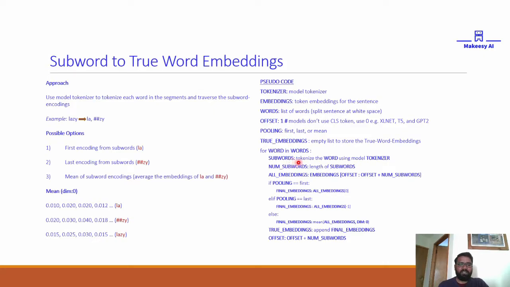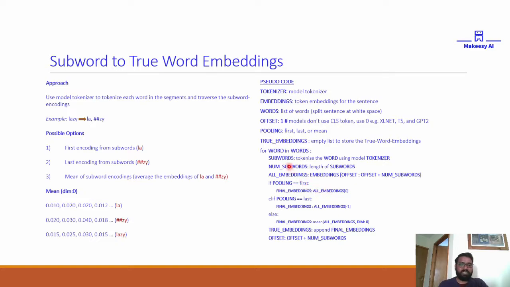I mean, all the subwords that you have, you extract all the embeddings for those. For example, you have offset 0, offset 1, and then you say offset plus num subwords. So, for example, if you have these two, it will give us two vectors of 768 dimensions. Okay. And then you can simply get the first.